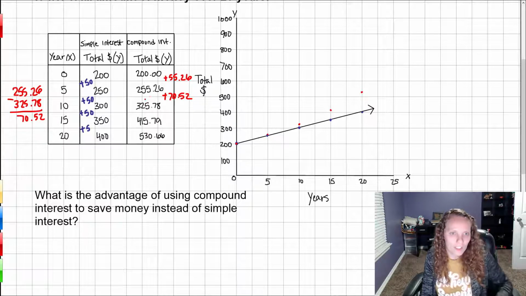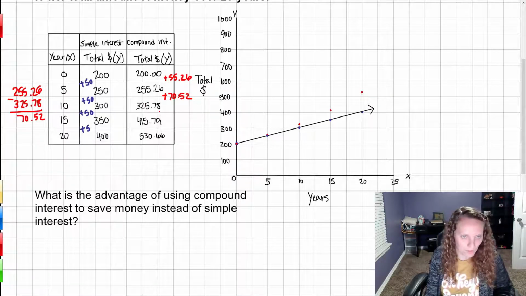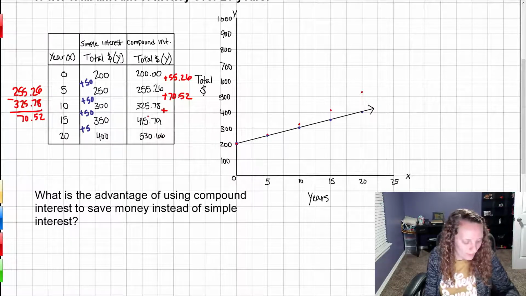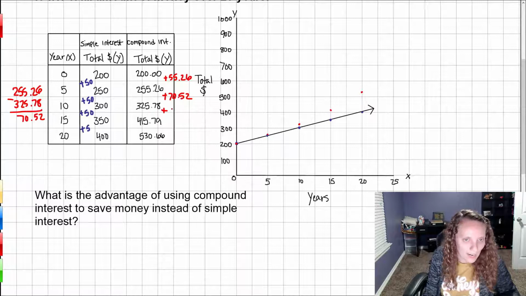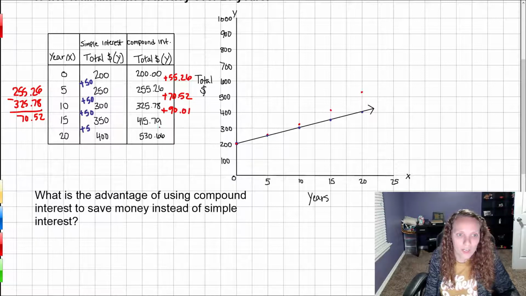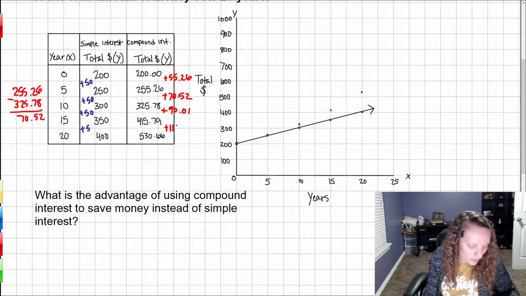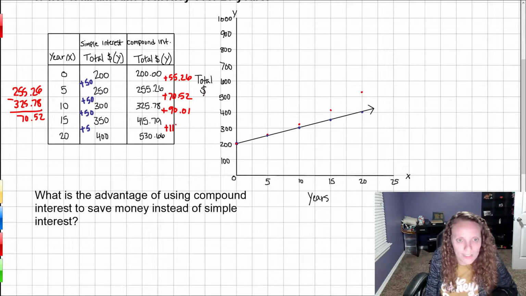If you were to subtract the next two numbers, 325 and then this 415, that would be adding $90.01. If you were to subtract these next two numbers, 415 and 530, that was adding 114.87.